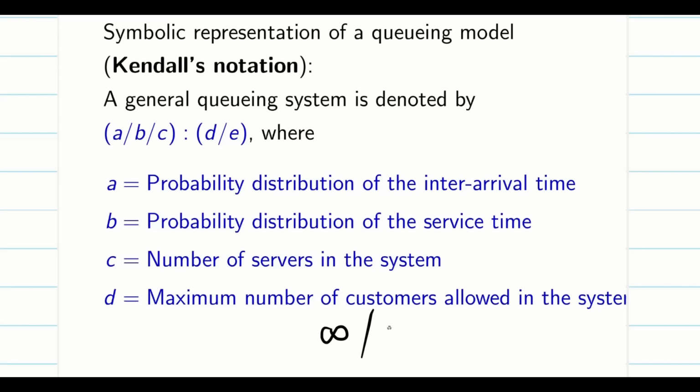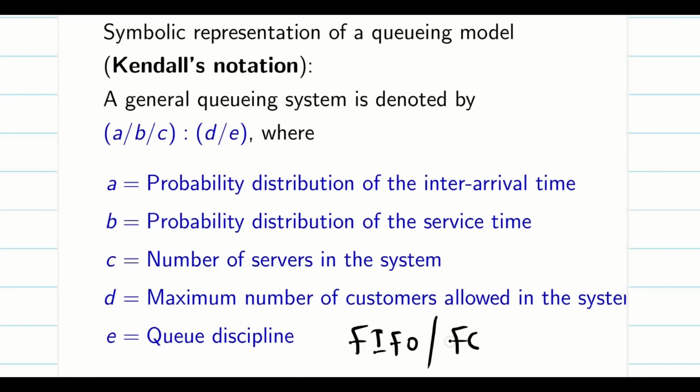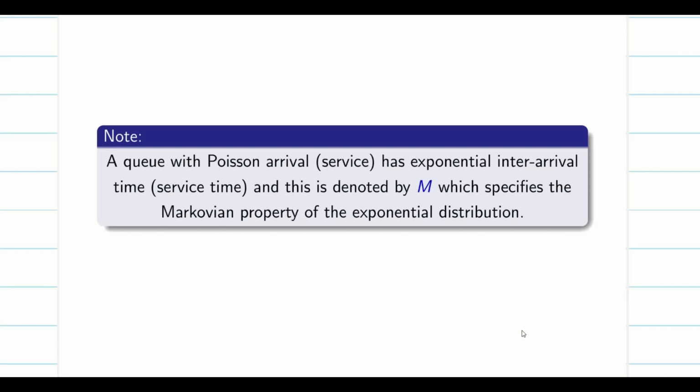Either it might be infinite or it is going to be finite. And finally, E is going to be the queuing discipline: FIFO, FCFS, first come first served, first in first out, first in last out. We have to check all these things. This is the standard notation given by Kendall. We are going to follow this notation.